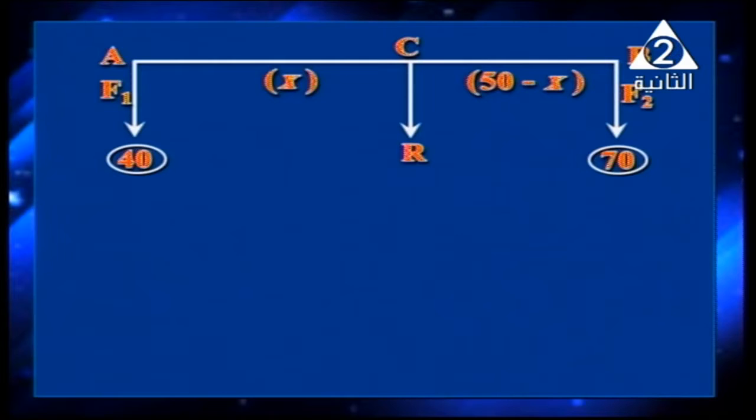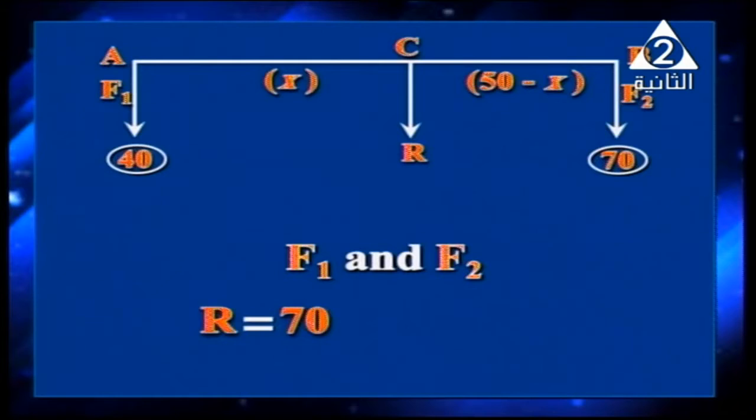Let AB equal 50 centimeter. Suppose AC length equals x. Therefore, we deduce that BC equals 50 minus x. F1 and F2 are in the same direction, therefore R equals 70 plus 40 equals 110 Newton. It's a magnitude.